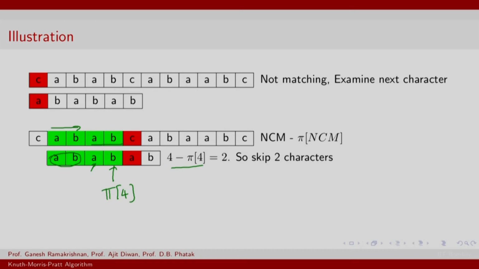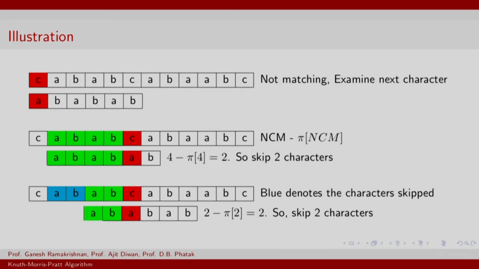We know AB matched AB, and we actually need to see if the next character here, A, will match C. And we unfortunately don't get a match between A and C. Well, what can we do? Can we still salvage something? Well, we know that 2 positions have already matched. So what we can do therefore is look at pi 2.